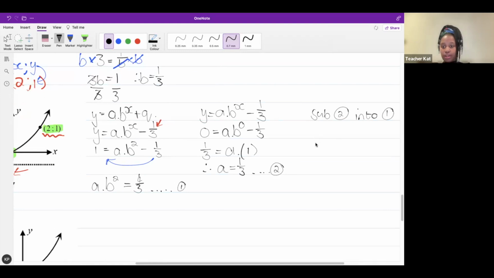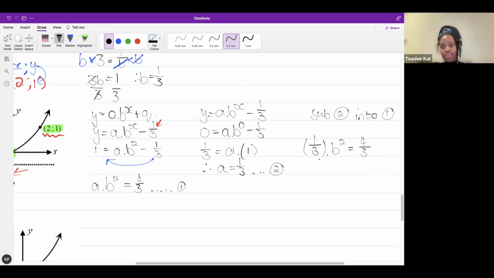Then a third, which is my a, times b squared is equal to 4 over 3. Okay, now let's get going. How am I going to get rid of this third to get my b squared on its own?